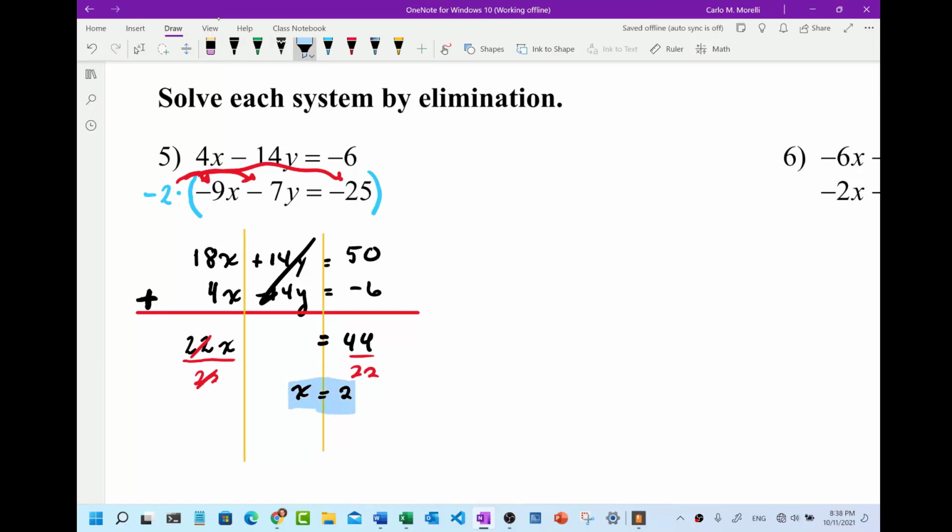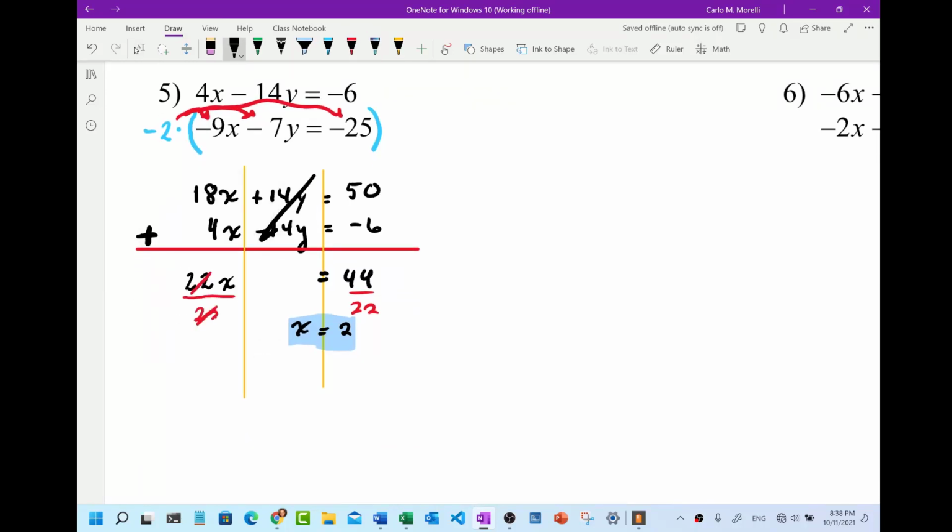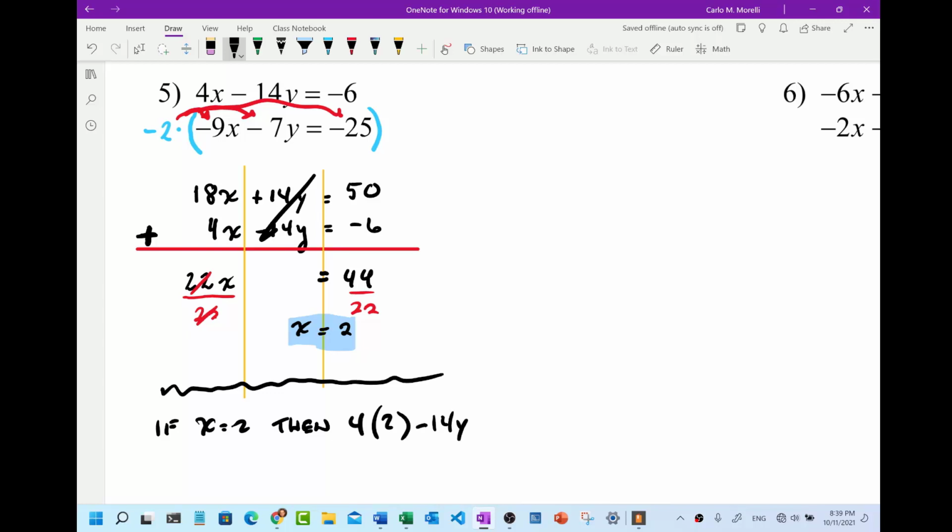And now, with elimination, you're still going to substitute, but you're just going to plug in 2 for one of these. Let's use the top one. So we're going to say, well, if x equals 2, then 4 times 2 minus 14y equals negative 6.